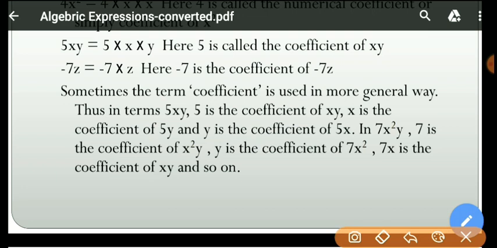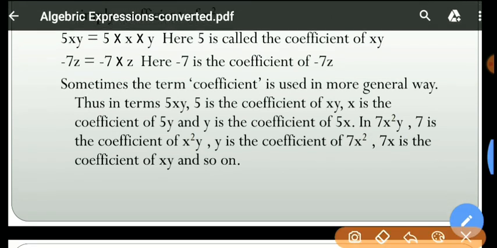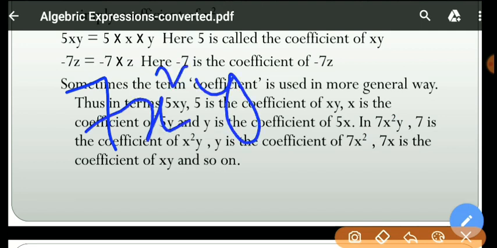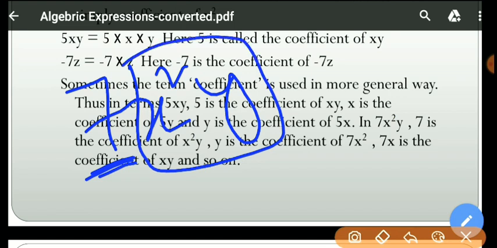In 7x square y, 7 is the coefficient of x square y, x square y is the coefficient of 7, 7x is the coefficient of xy, and so on. Let us see. 7x square y. Okay. In here, this 7 is the coefficient of x square y.